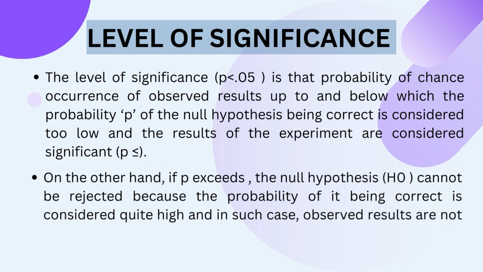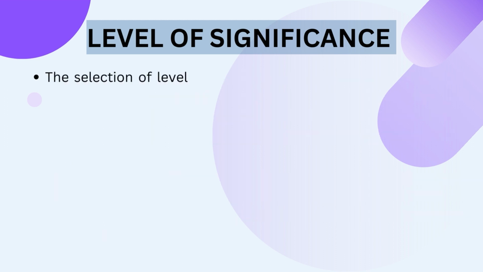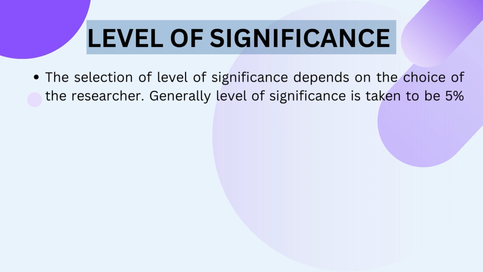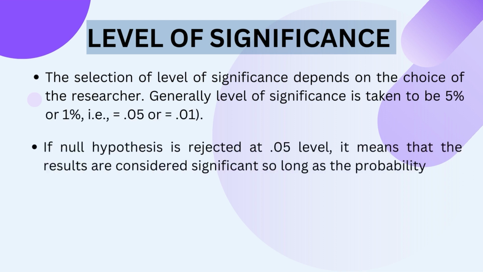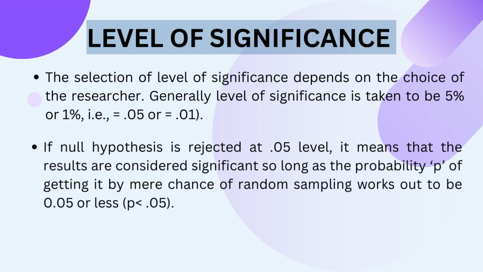The selection of level of significance depends on the choice of the researcher. Generally, level of significance is taken to be 5% or 1%, that is 0.05 or 0.01. If the null hypothesis is rejected at 0.05 level, it means that the results are considered significant so long as the probability of getting it by mere chance of random sampling works out to be 0.05 or less, p less than 0.05.